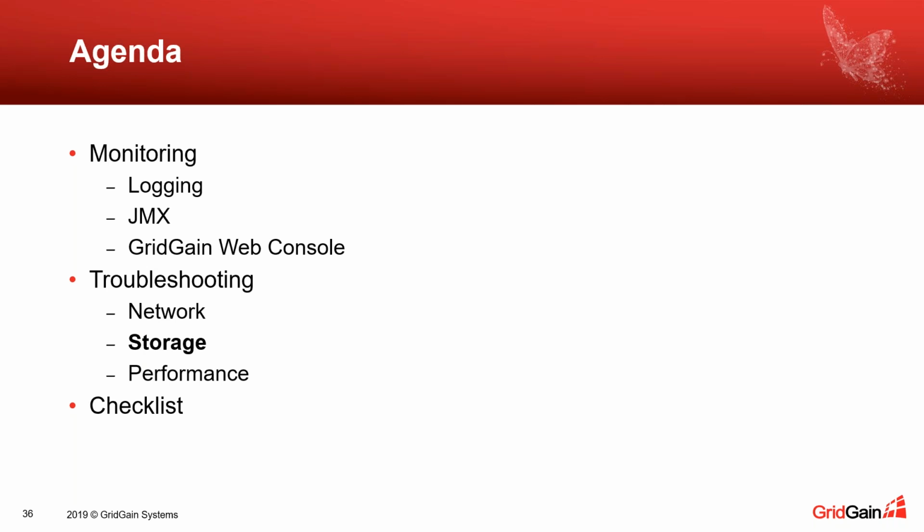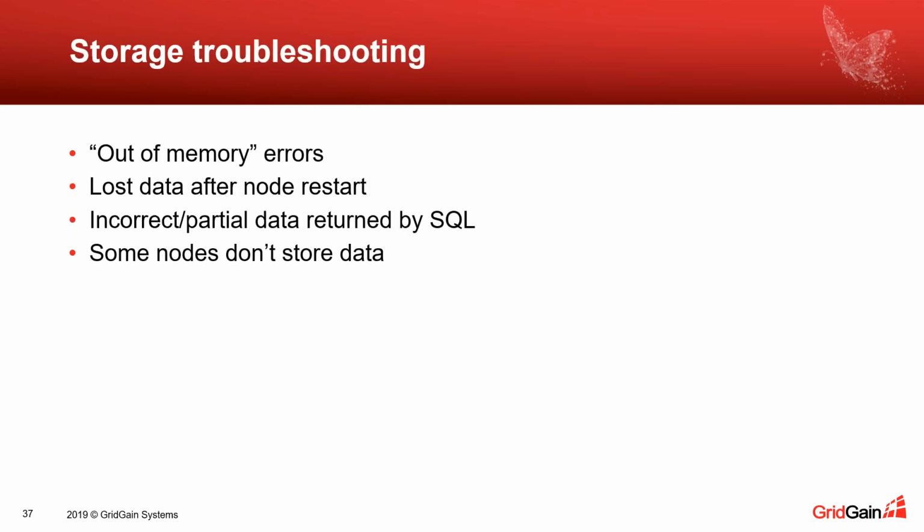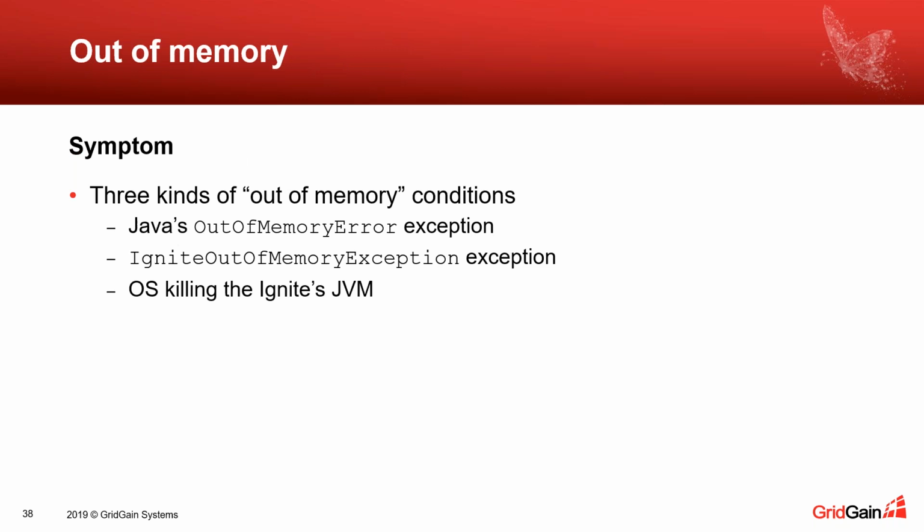So the next group of issues are issues with Ignite storage, with how you access your data. The first kind of issue here would be various out-of-memory errors. And there are actually 3 different kinds of out-of-memory conditions that you might see in Ignite.